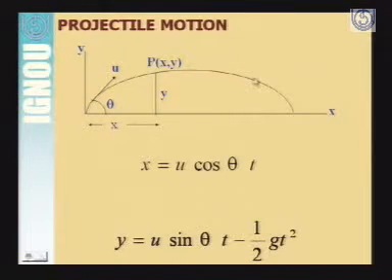Look at this figure. Here the particle is projected from this point and it traces this path. This is known as the trajectory. At any point during the motion, let us consider the particle is occupying this point P, whose coordinate is x, y. That means in the horizontal direction the displacement is x, and in the vertical direction the displacement is y.